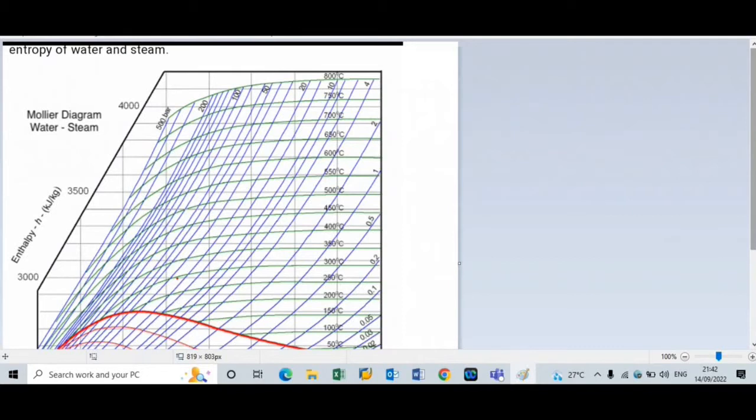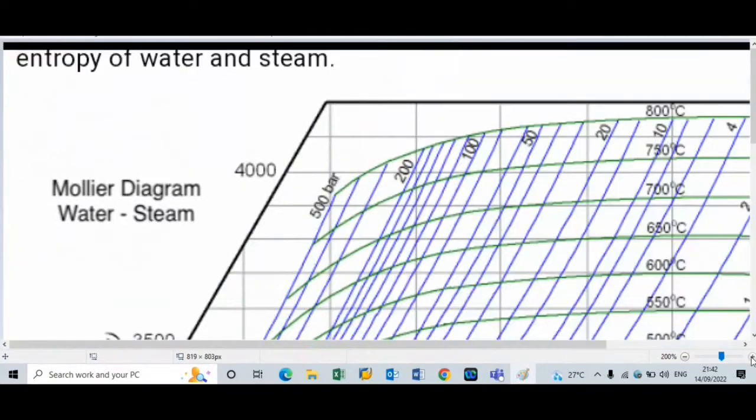This is the Mollier diagram, also known as the enthalpy-entropy diagram. Now we will select point 1 and point 2 as per the given conditions. The initial condition is pressure 25 bar and temperature 274 degrees Celsius. I will enlarge this diagram.